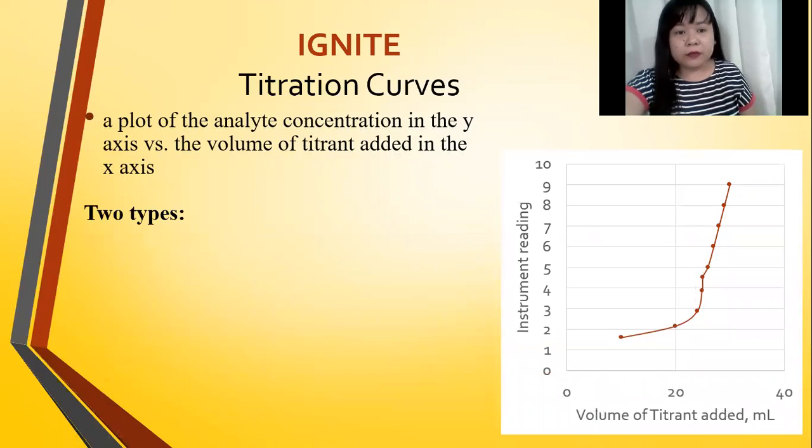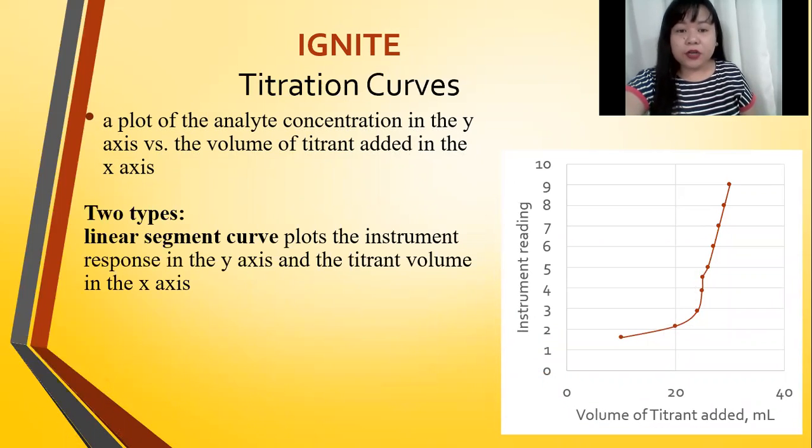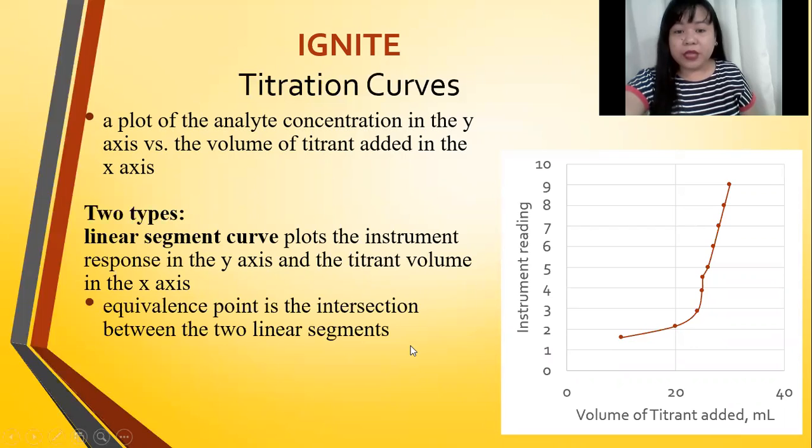On the other hand, linear segment curves plot the instrument response in the y-axis and the titrant volume in the x-axis. So this is usually used when we have an instrument reading. The equivalence point would be the intersection between the two linear segments.